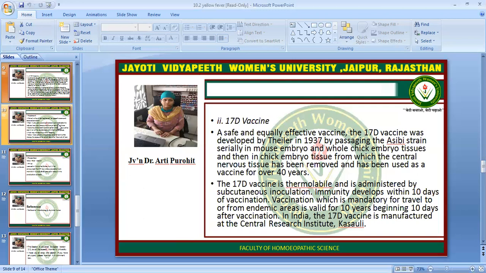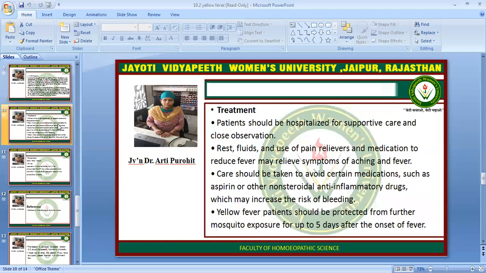The 17D vaccine is thermolabile and is administered by subcutaneous inoculation. Immunity develops within 10 days of vaccination. The vaccination, which is mandatory for travel to and from endemic areas, is valid for 10 years, beginning 10 days after vaccination. In India, the 17D vaccine is manufactured at the Central Research Institute, Kasauli.